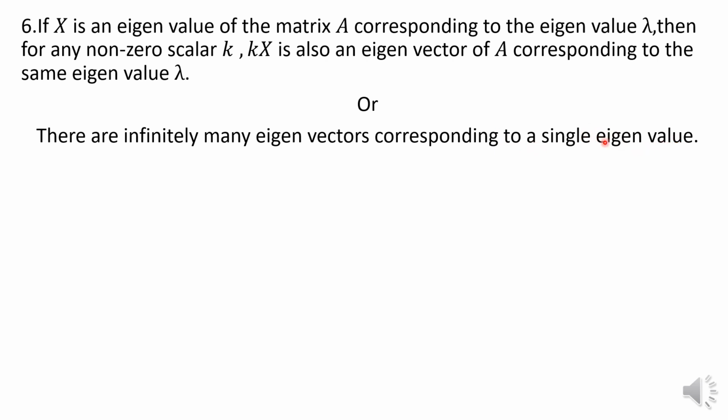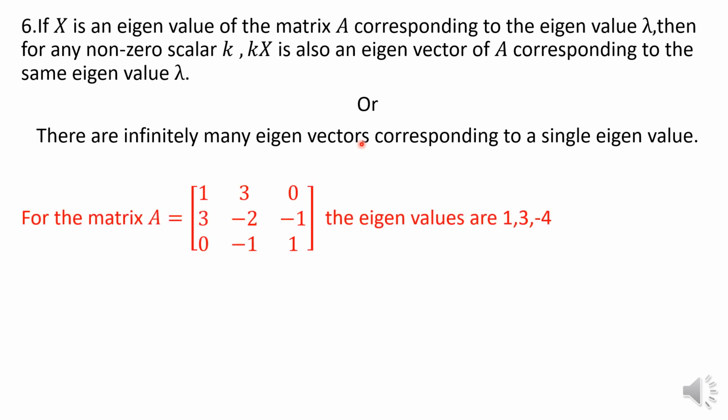Corresponding to a single eigenvalue, you can find infinitely many eigenvectors. Before going to the proof of this property, we shall have an example to help you understand the property clearly.